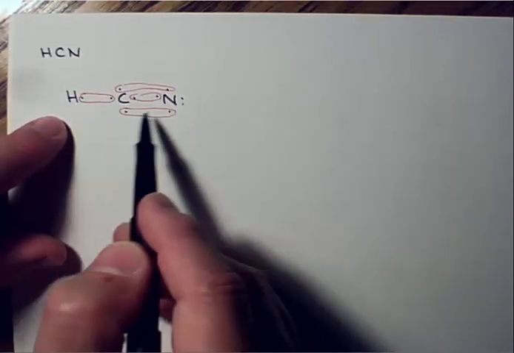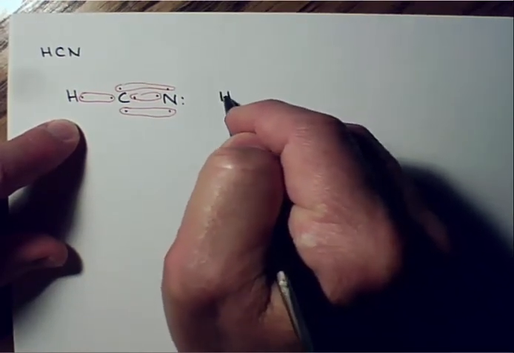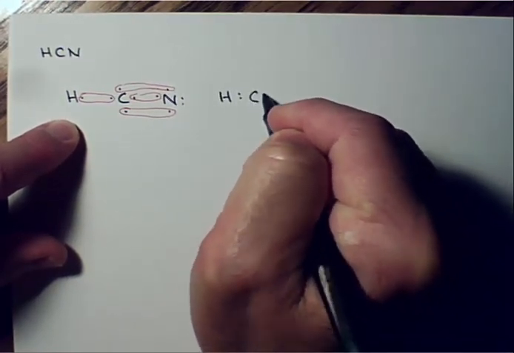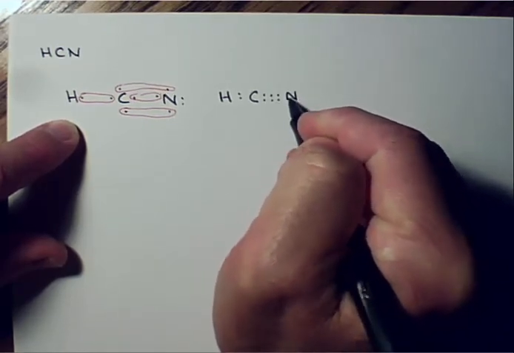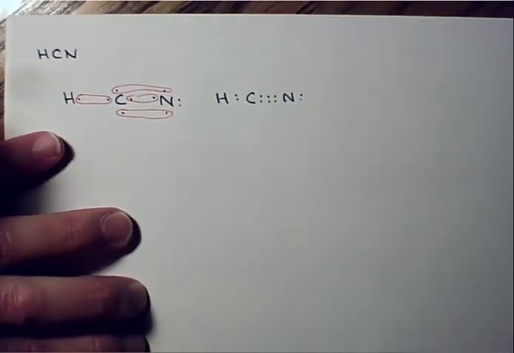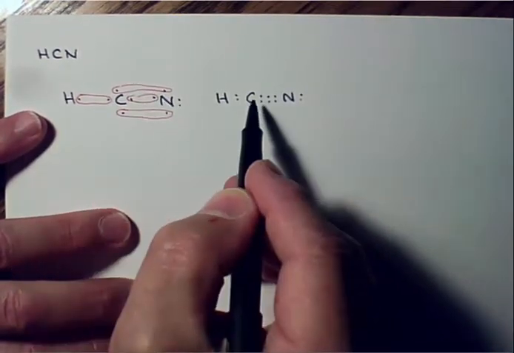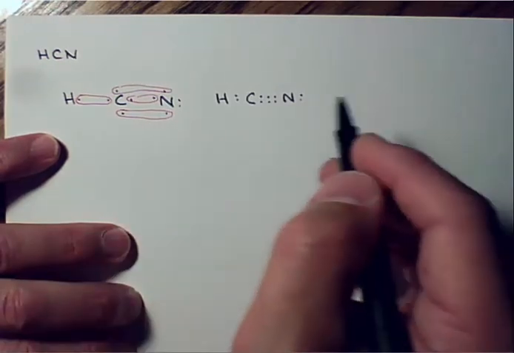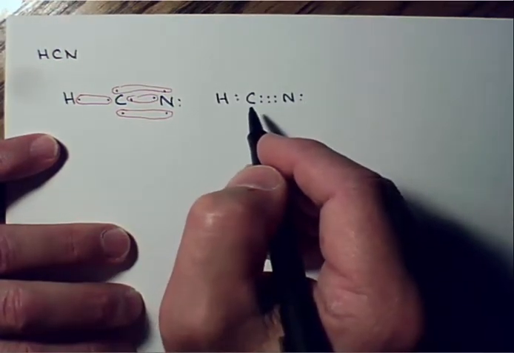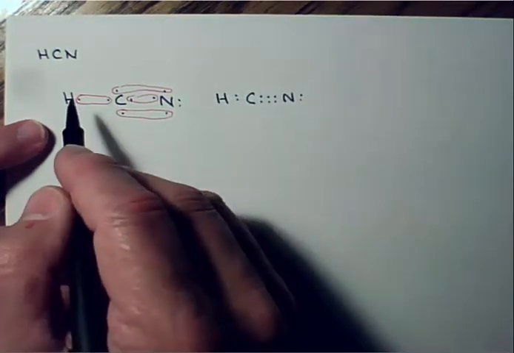This is our sharing arrangement. Then we have a Lewis dot formula, and we've got 6 electrons shared between carbon and nitrogen with 1 lone pair on the nitrogen. 6 electrons shared, you put them in between like this. While we don't need a Lewis formula, this is the Lewis dot formula.